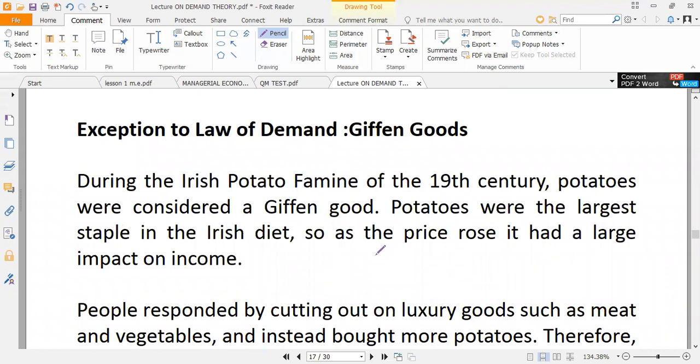During the Irish potato famine in the 19th century, potatoes were considered to be Giffen goods. These were considered Giffen goods because potatoes were the largest staple of the Irish diet. So as the price rose, it had a large impact on income.